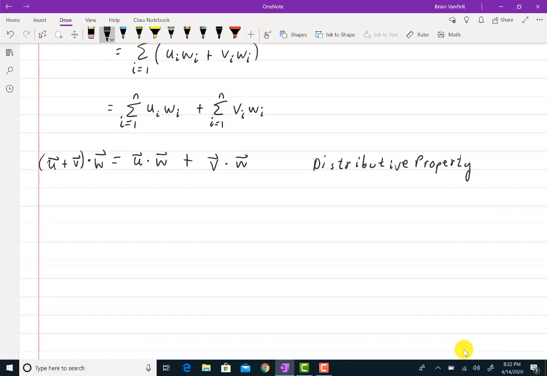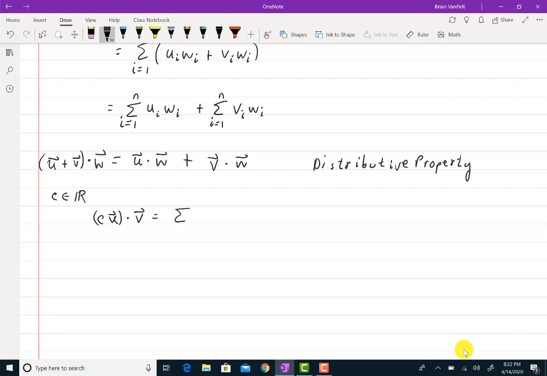Next, if I have a constant, or a scalar, if you will, c in R, then if I take cU and dot it with V, remember, all the U coordinates have c times them in it.